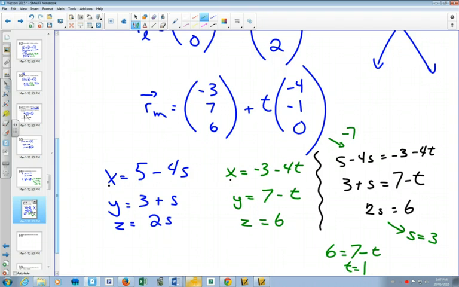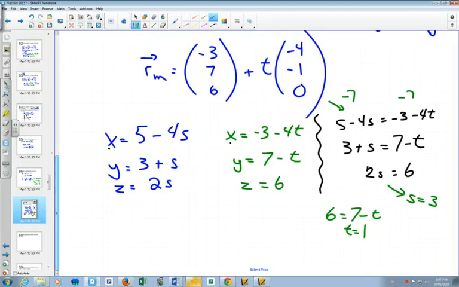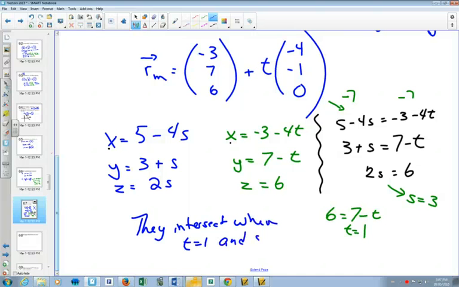And if I plug in 1 for t on this side, I get -7. So it does work for all 3 equations. So they intersect when t is equal to 1 and s is equal to 3.